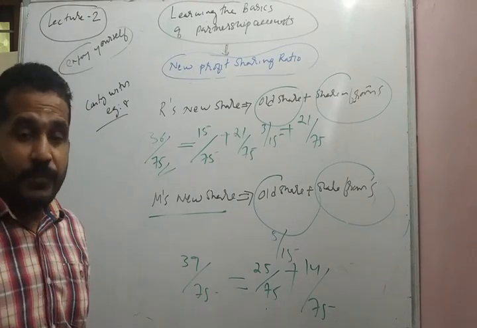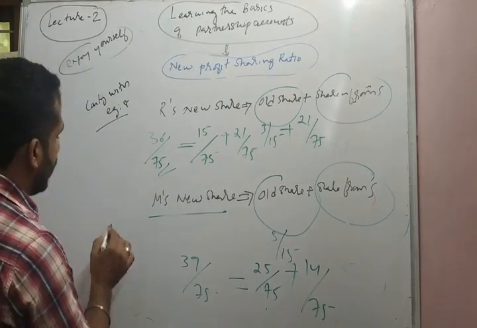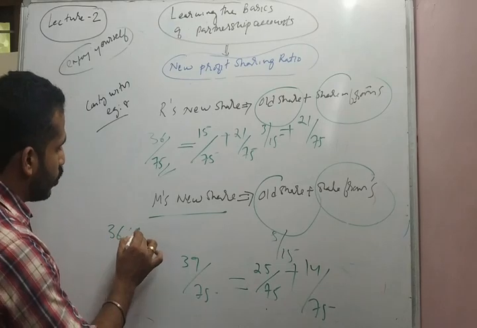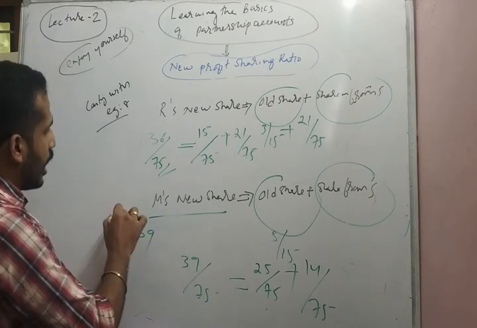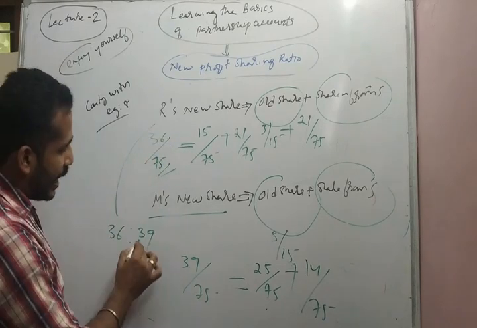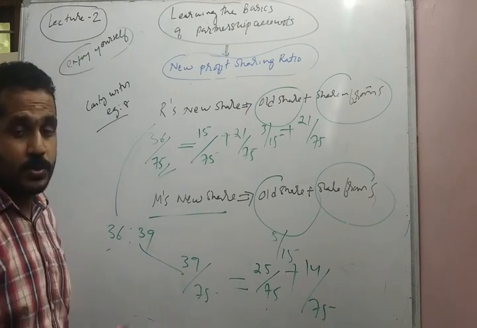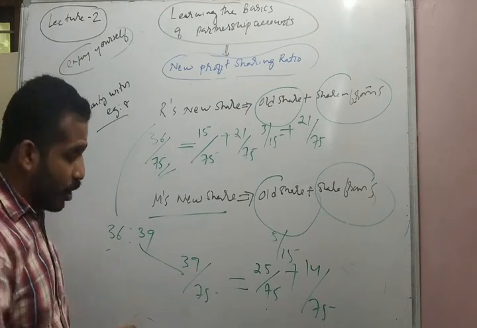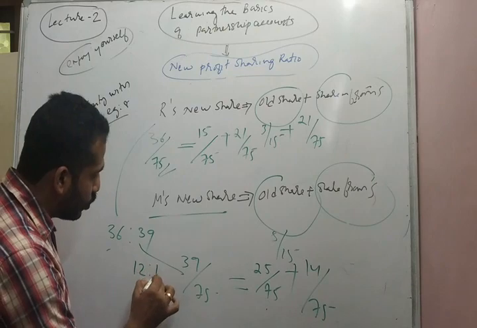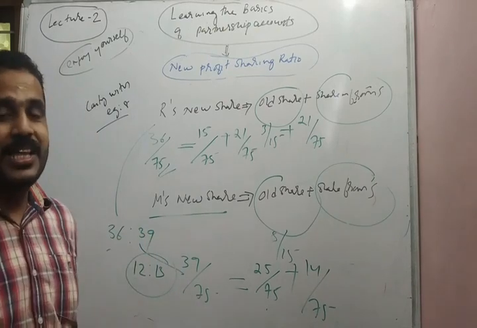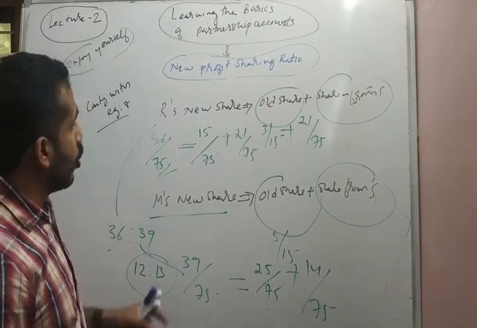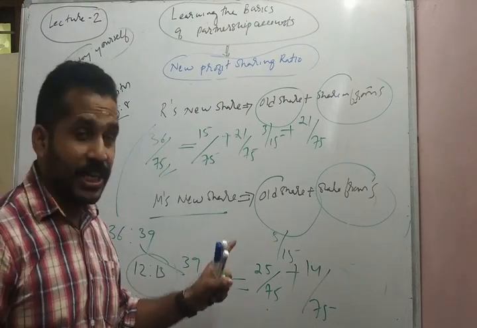So what is the new profit sharing ratio after S's retirement? 36 to 39: for R 36, for M 39. 36 to 39 can be reduced to 12 to 13. So this is the new profit sharing ratio of R and M.